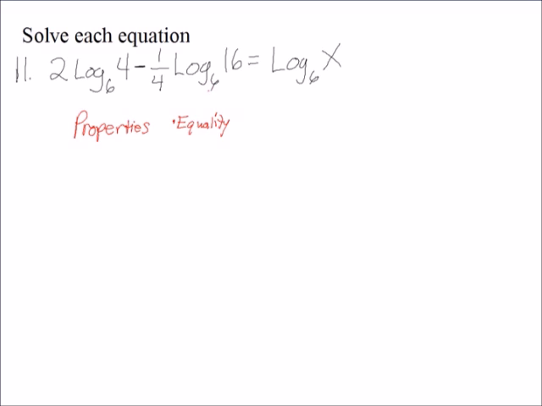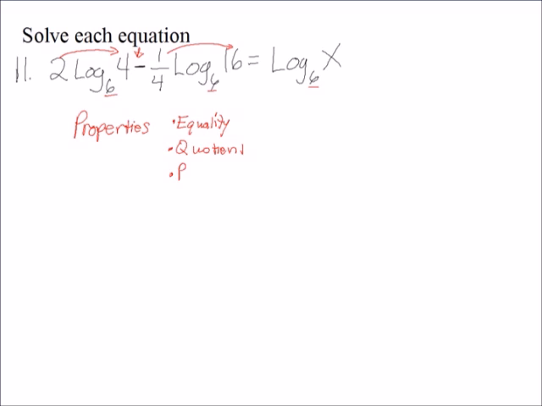You have the quotient property. And how do I know I have the quotient property? Because you have this right here. And finally, you are going to have the power property, because you know that that's going to have to go there, and this number is going to have to go right there. So you have the power property as well.